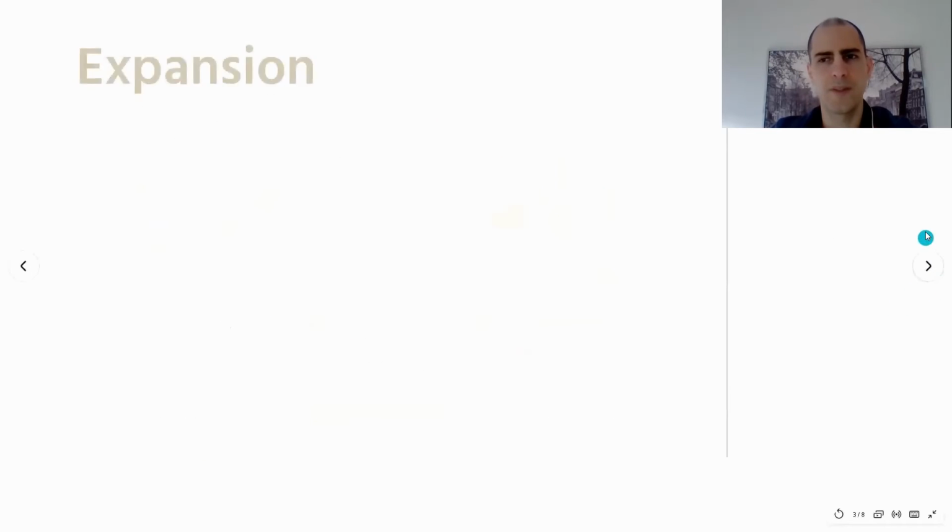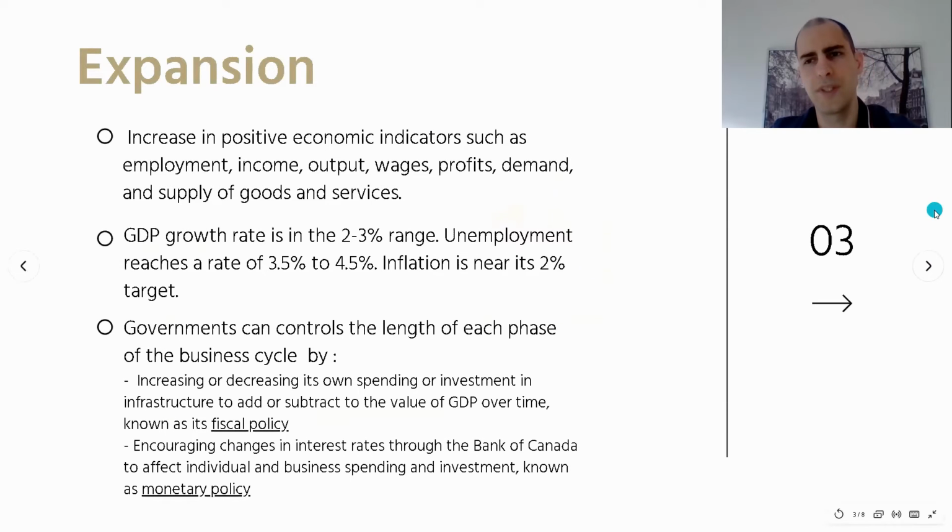All right, so let's get into it. So what happens during the expansion phase? What are some of the critical points that you can identify that you are currently in an expansion or an expansion is initiating? The first is an increase in the positive economic indicators like employment, income, output, wages, profits, demand and supply of goods and services.